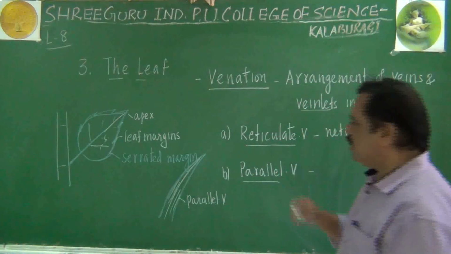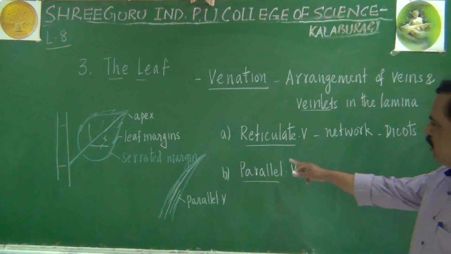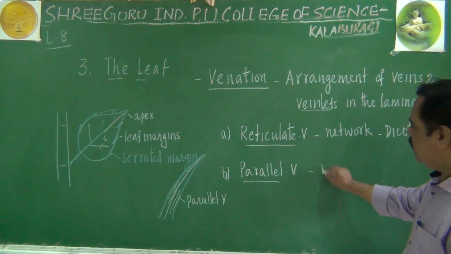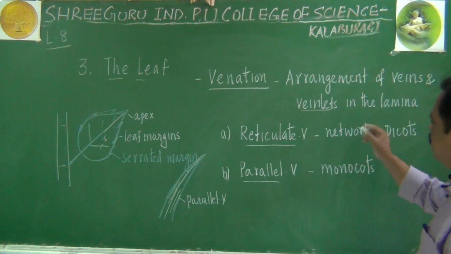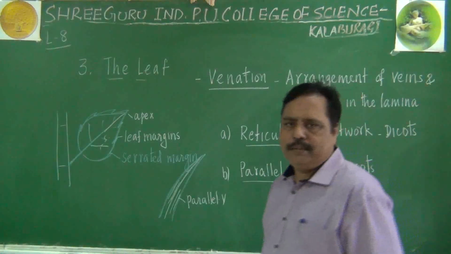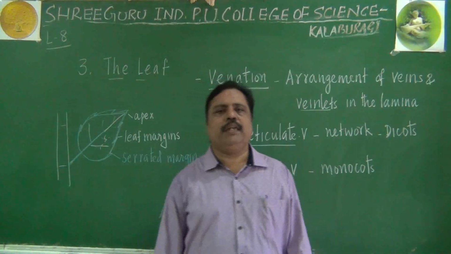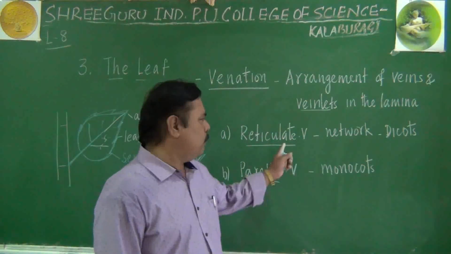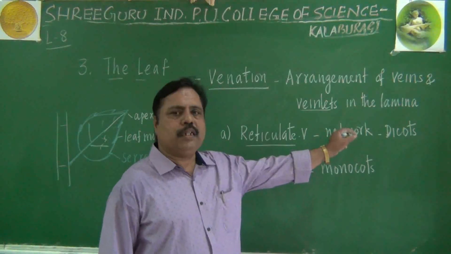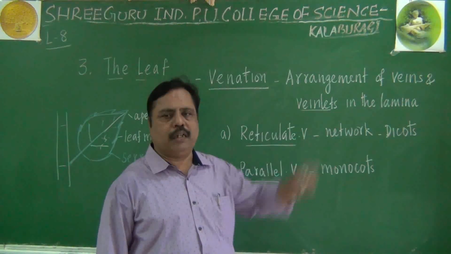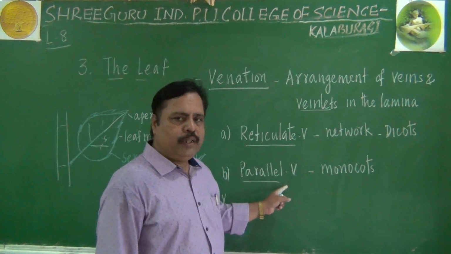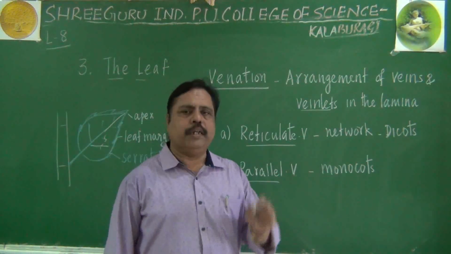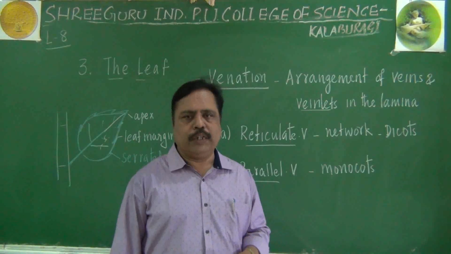That is called parallel venation. Students, remember, parallel venation is a characteristic feature of monocots. If the veins are arranged in a network-like manner, we can directly say that the plant belongs to the dicots of angiosperms. If they exhibit parallel venation, it belongs to the monocots of the angiosperms.